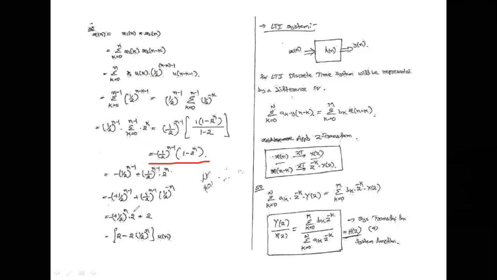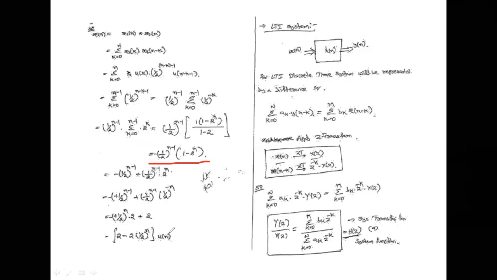Simplify this one: 1 minus (1/2)^(n-1), and because it is 1 minus, if I am taking the plus value, simplify it is 2 minus 2 into (1/2)^n, times mu of n.